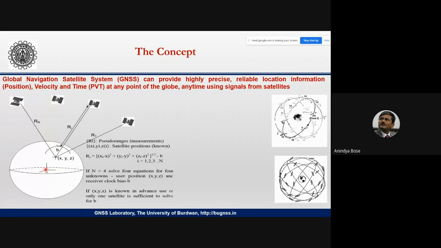This is the center of the earth, 0, 0, 0, or let us call it O. On the surface of the earth, if we take this one to be the x-axis, this one the y-axis, and this one the z-axis, then I am this much away in x-axis, this much in y-axis, and this much in z-axis. So if I can find out x, y, z, I can find out my location on the surface of the earth. Any ship, if it can find out its own x, y, z, knows its own location, right?